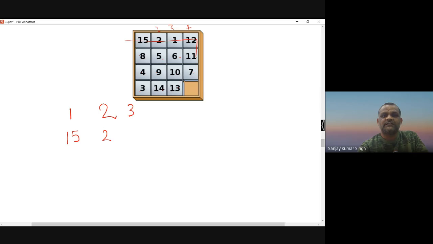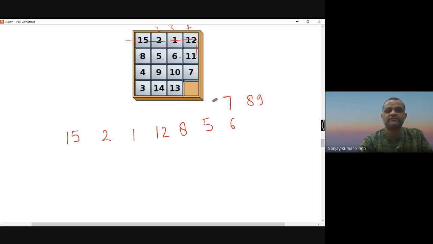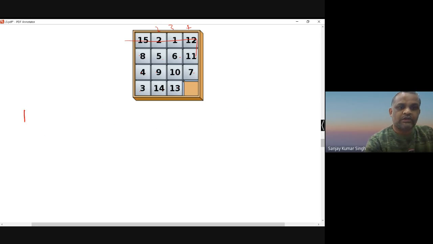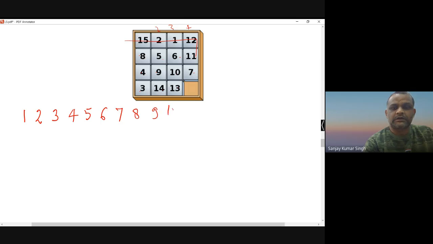The image of 3 is 1. The image of 4 is 12. Similarly, 5 goes to 8, 6 goes to 5, 7 goes to 6. Better to write 7, 8, 9 here. I need the whole page, so write it like this: 1, 2, 3, 4, 5, 6, 7, 9, 10.